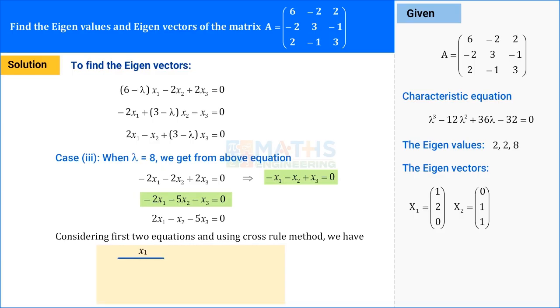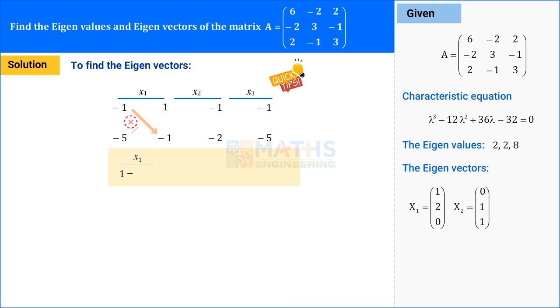So you write x1 divided by coefficient of x2 and coefficients of x3. Similarly, for x2, you consider the coefficients of x1 and x3. For x3, you consider the coefficients of x1 and x2.